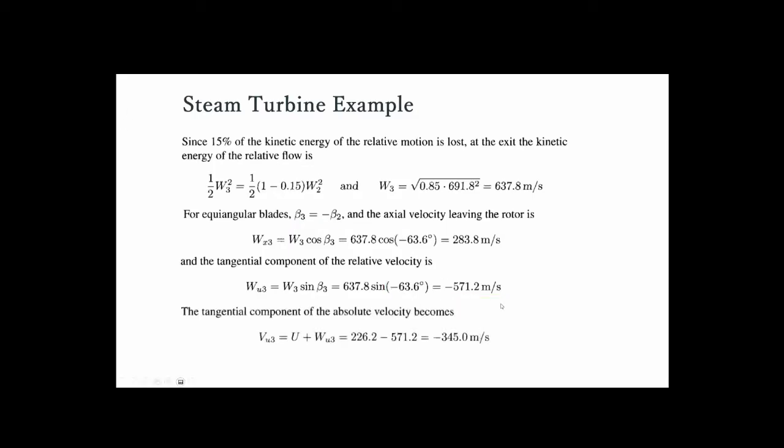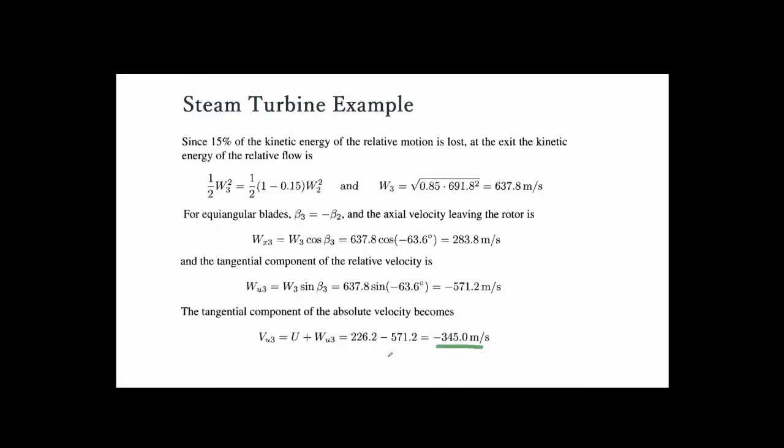And the tangential component of the absolute velocity becomes Vu3 equals U plus Wu3. We plug in the values, and you will get Vu3 equal to minus 345.0 meters per second.